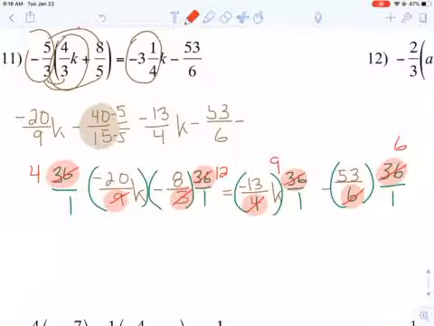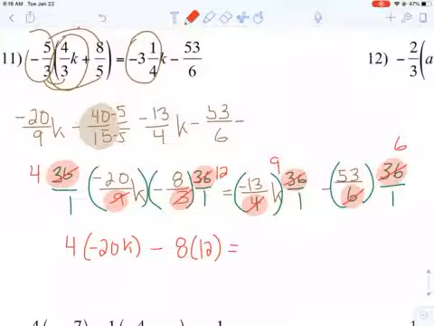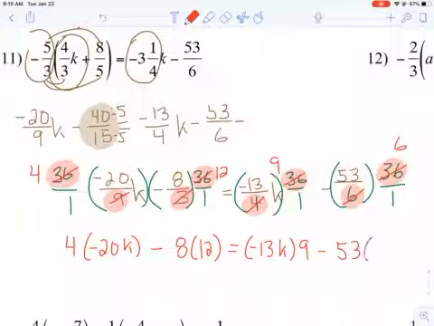So now I'm going to rewrite what I have, and the goal is I've got all my denominators gone now. I've got 4 times negative 20k minus 8 times 12 equals negative 13k times 9 minus 53 times 6.